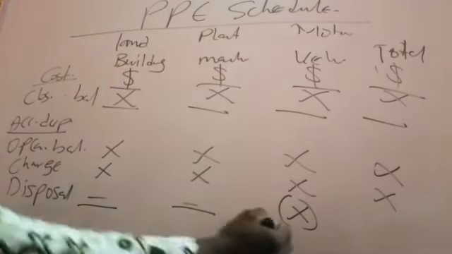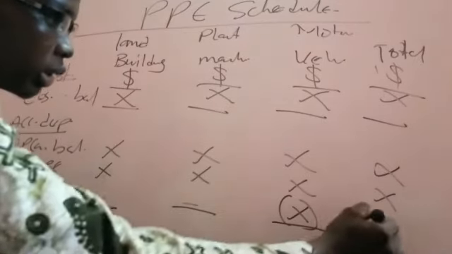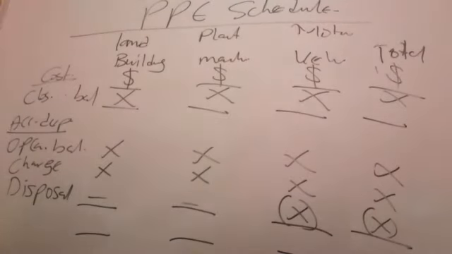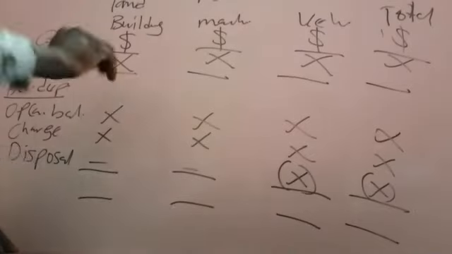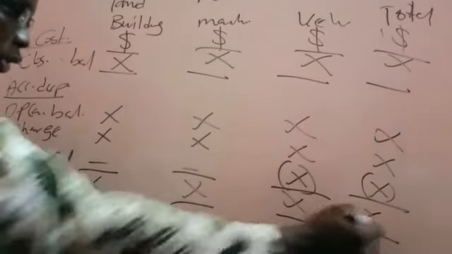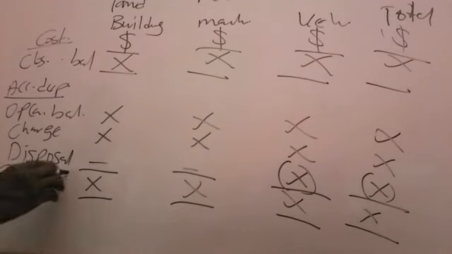Then we are done. So here must be the total subtraction. In the accumulated depreciation section, you sum them up, get the overall total, then write your closing balance of the accumulated depreciation.